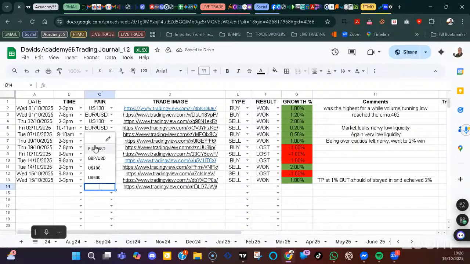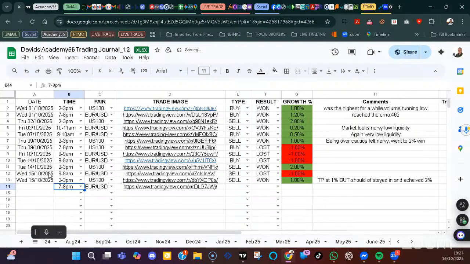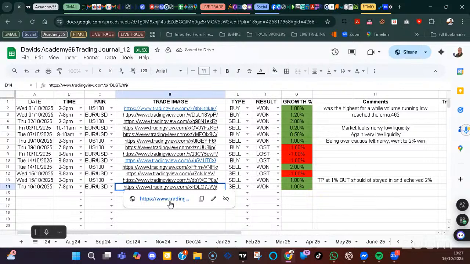EUR USD, 7 to 8 in the evening on Thursday. It was a sell. It won, and it won 1%. So I just dragged that down. And there's a screenshot of it.